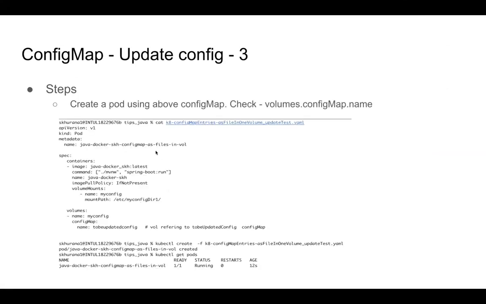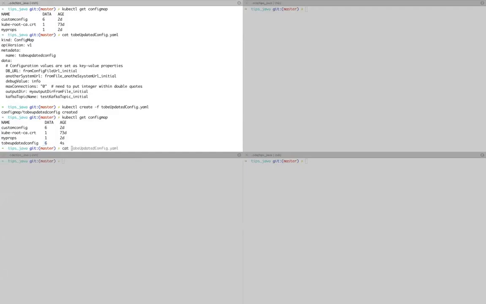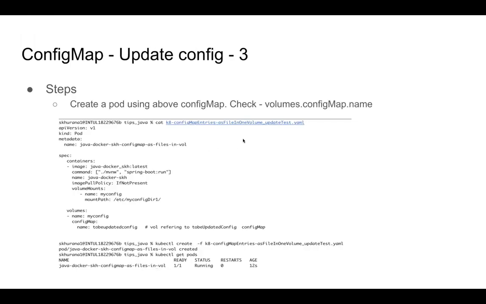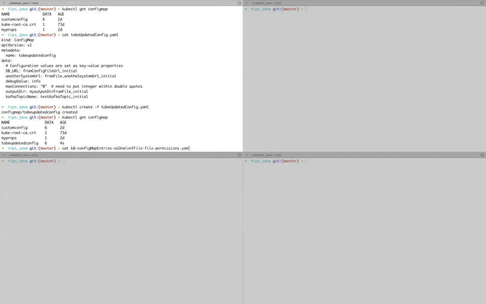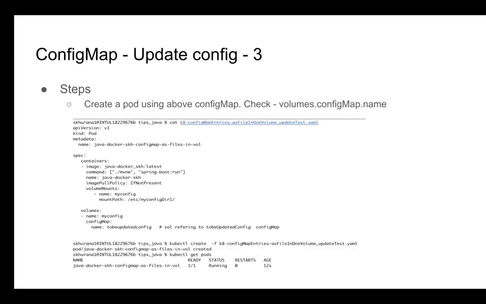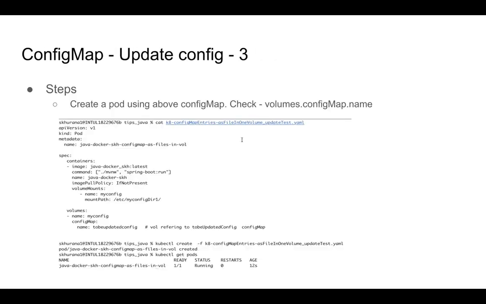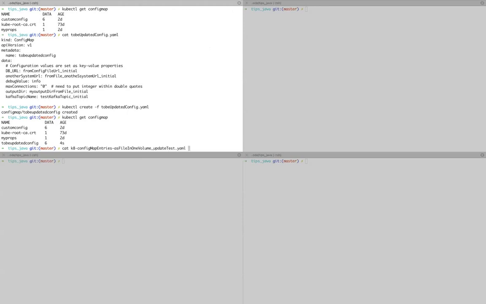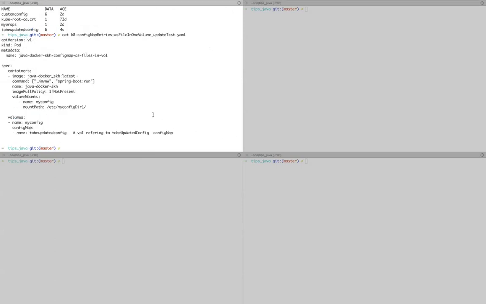Next step, we're going to create a pod which uses the above config map, and this pod is cat config map entries as file in one volume, update test. Let's see this.